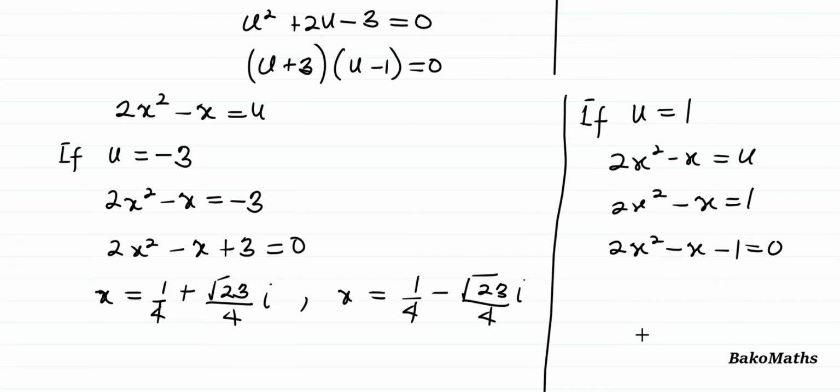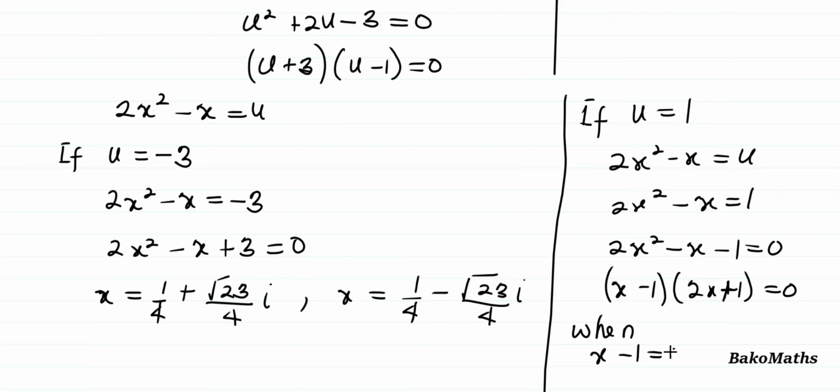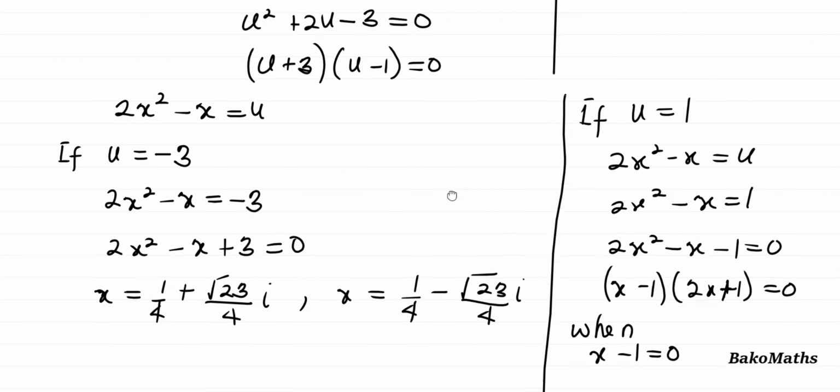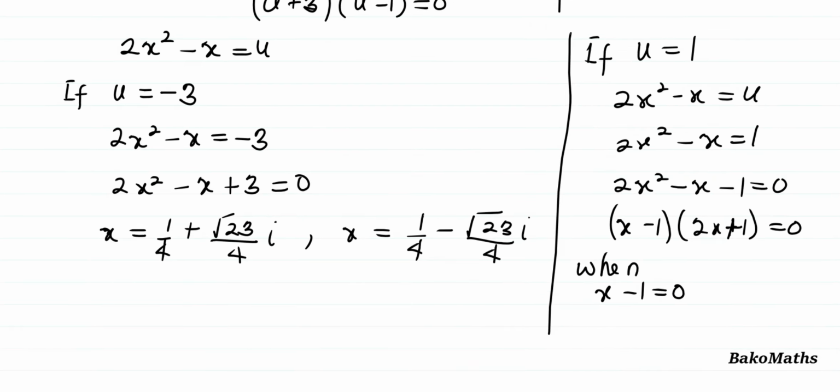Solving this quadratic equation will lead us to factors which are (x − 1) and (2x + 1), which is equal to 0. So when x − 1 is equal to 0, then our x value here is equal to 1.